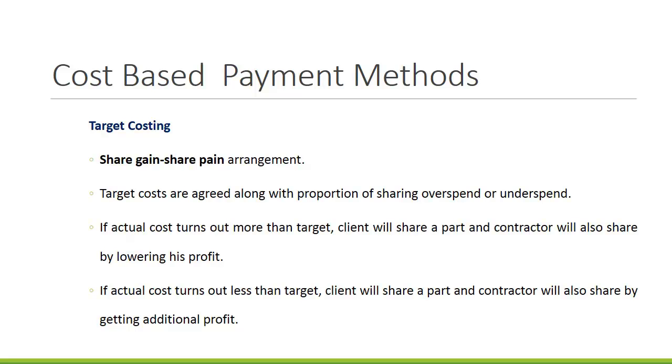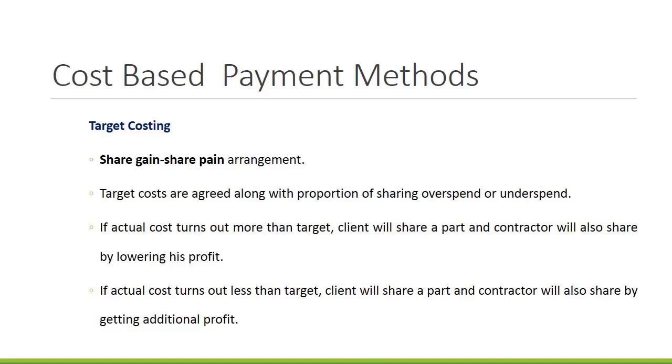Target costing. It's a share gain, share pain arrangement of payment. In this payment method, target costs are agreed between the contractor and the client, along with the proportion of sharing any overspend or underspend on the project.